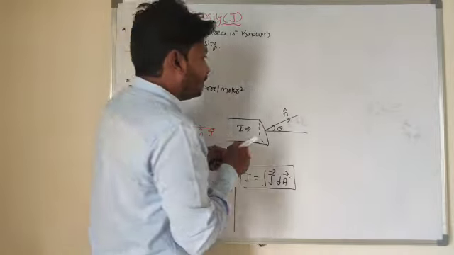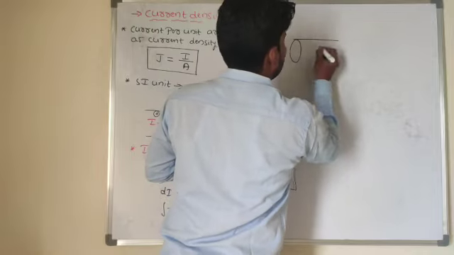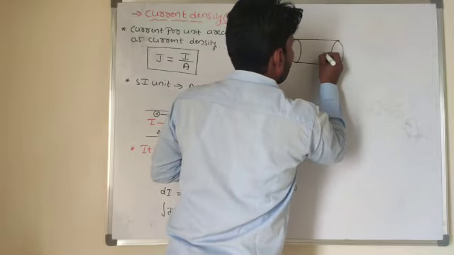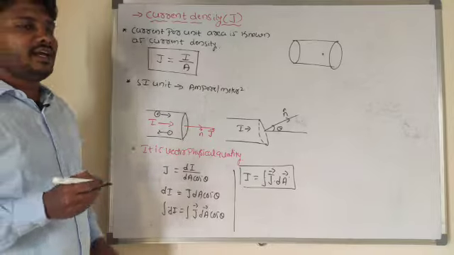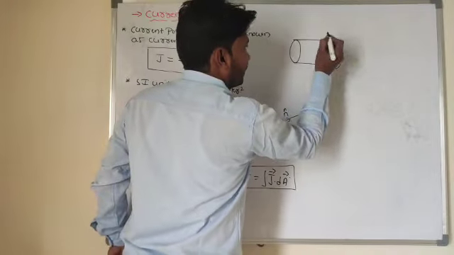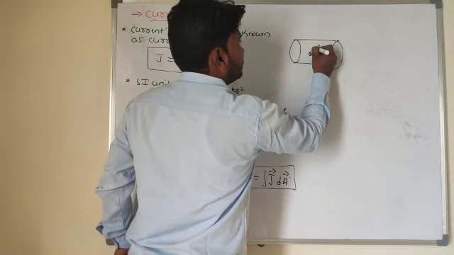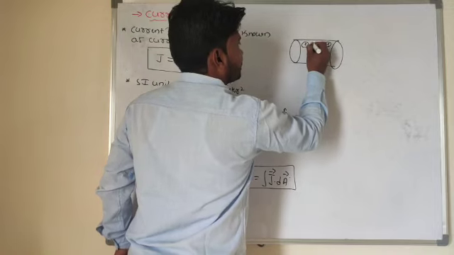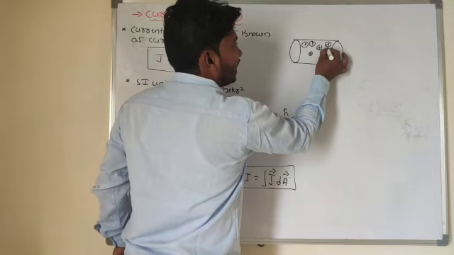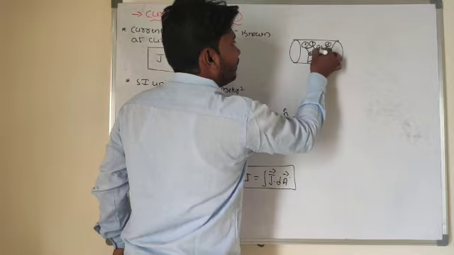Look here, treat this as one conductor consisting of free electrons. This is a free electron, and for example, these are all fixed ions. This free electron is colliding with the fixed ions.